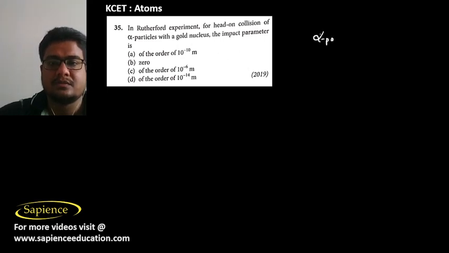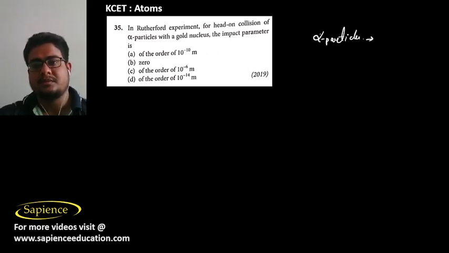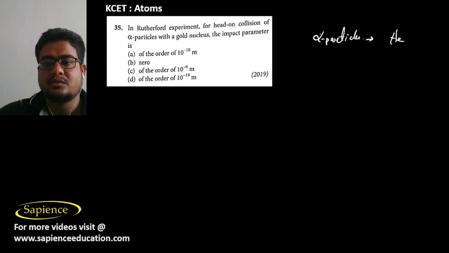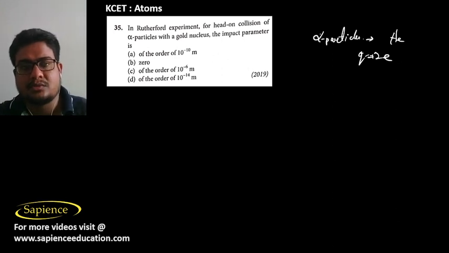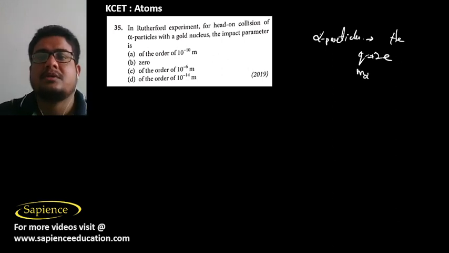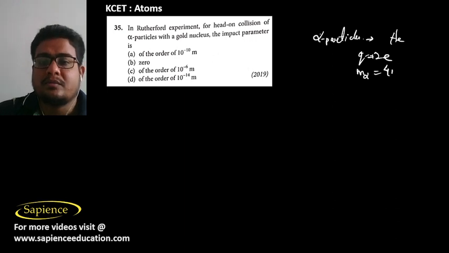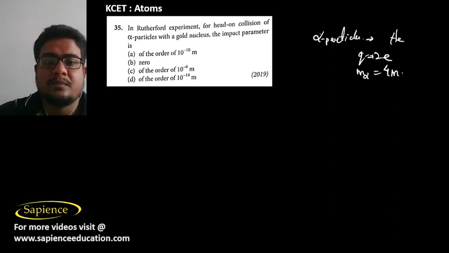For the alpha particles, the charge is plus 2e and the mass of the alpha particle is 4m, where m is the mass of a proton.